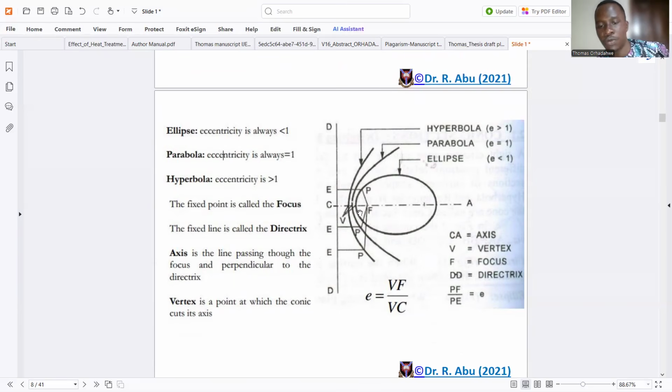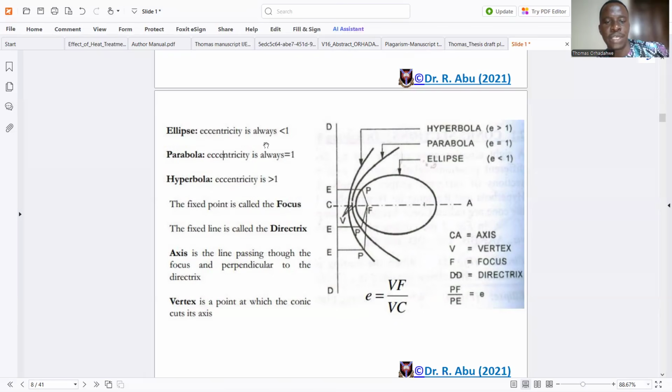The ratio of the distance from F to P over the distance from P to E, which is along DD, is called the eccentricity.